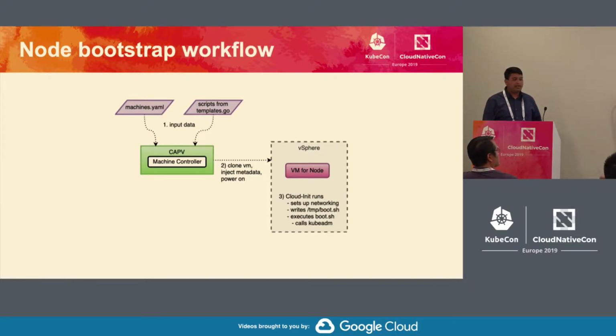Then it also emits a shell script, a boot.sh, in a temp location, which basically has all the steps that need to be executed to bring this node online. Ultimately, at the end of the day, that boot.sh contains calls to kubeadm. You can imagine the last call is like kubeadm join or kubeadm init, to essentially turn this VM into a Kubernetes node for you.